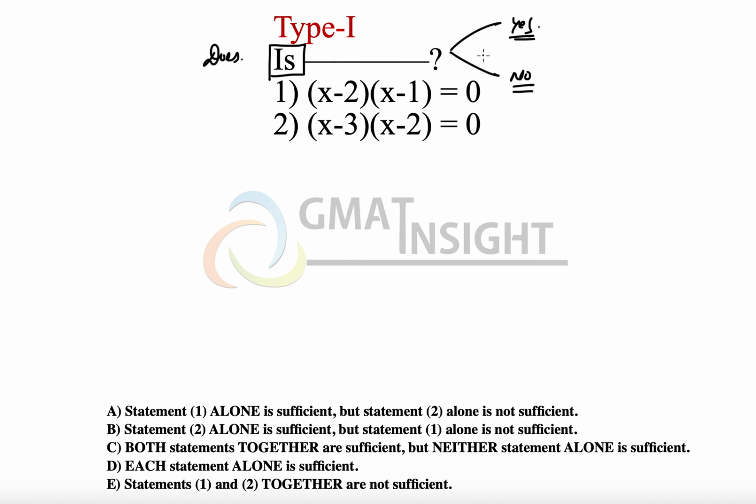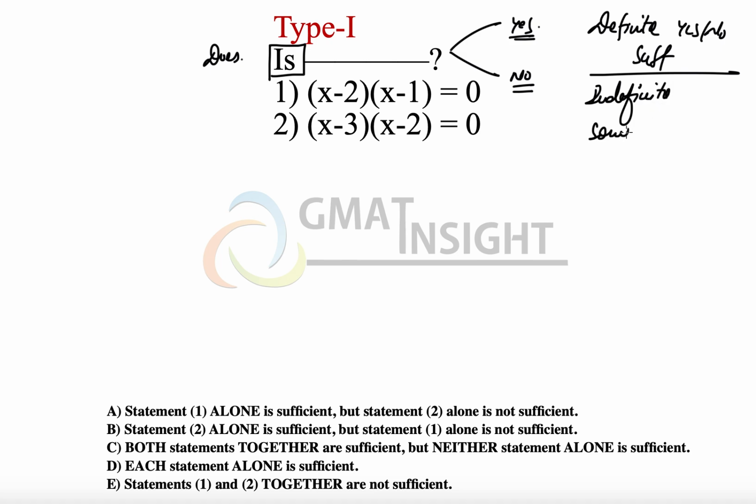If the answer using a particular statement is sometimes yes and sometimes no, then we say that the statement is not sufficient. So that's the bottom line.